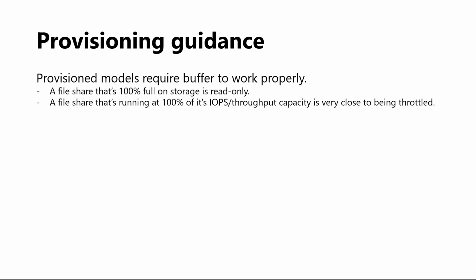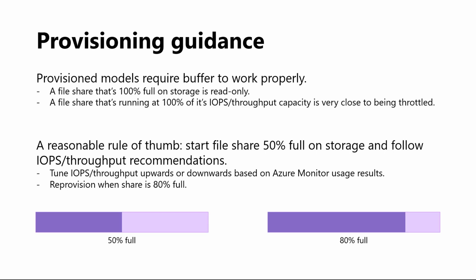So in both cases, you're going to want to have some buffer over what you think you're going to use in the normal case, and exactly what that buffer is is up to you. But a reasonable rule to follow is to start the share at 50% full on storage and follow the IOPS and throughput recommendations.